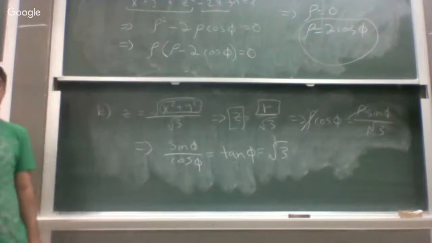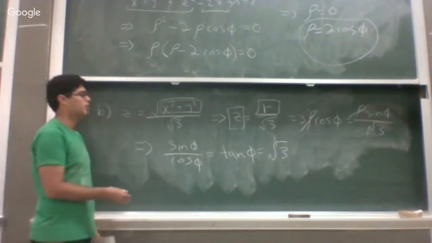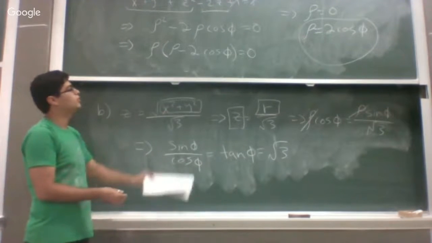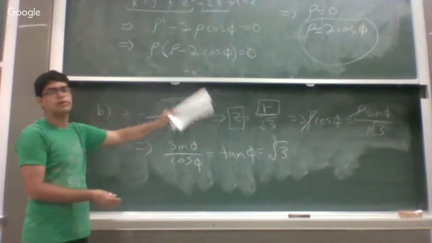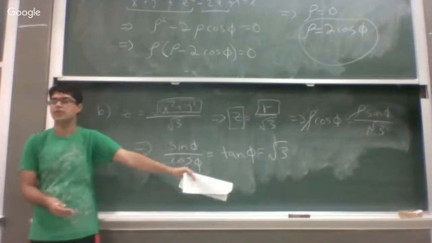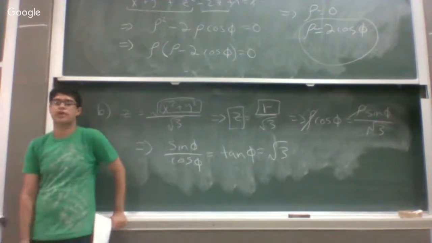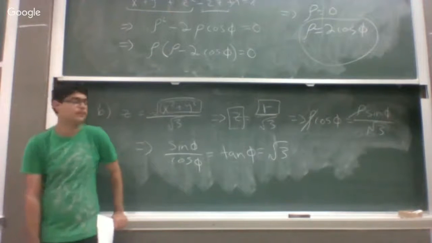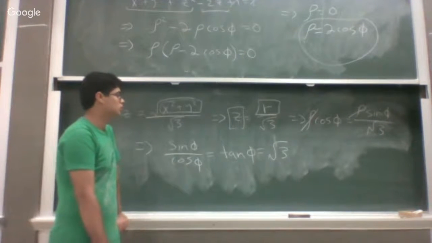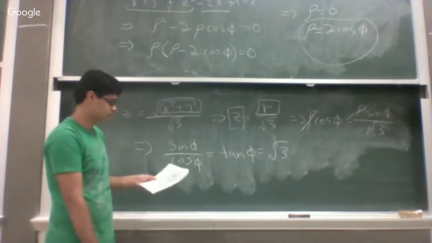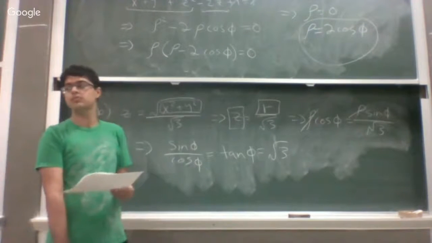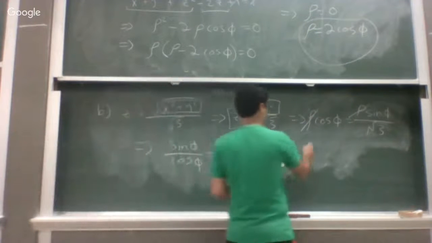So essentially, when you can factor it. But when it's to the same power, just try to work with what you have and simplify it. So what is phi equal to? Pi over 3.